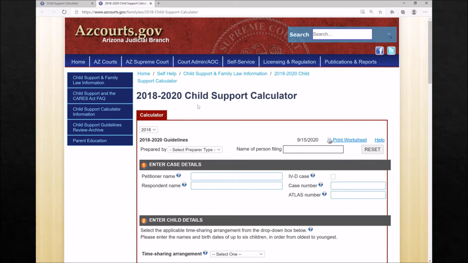And why does it matter which parent earns how much? It is a very good idea to understand these concepts, because otherwise you'll just see numbers and a final result and you might not know what is really going on. If you really want to understand how this works, I suggest you watch that video, and I've put a link to that video right about here in this video. So assuming you've watched that, or assuming you understand how that works, let's proceed.